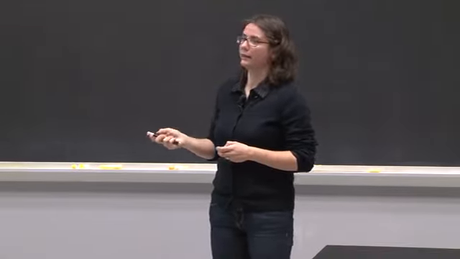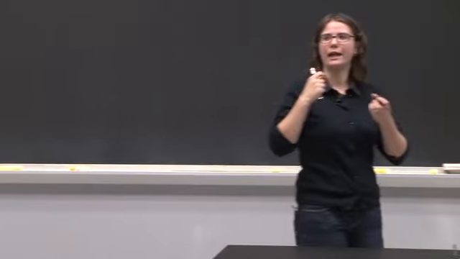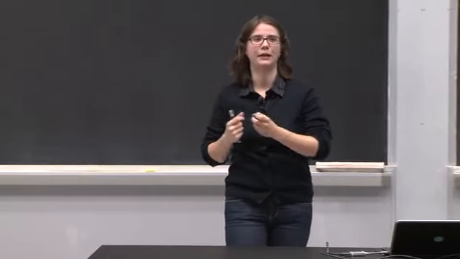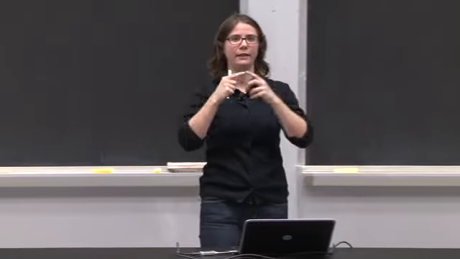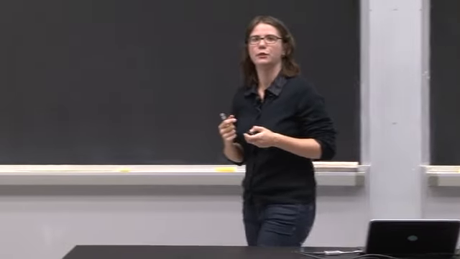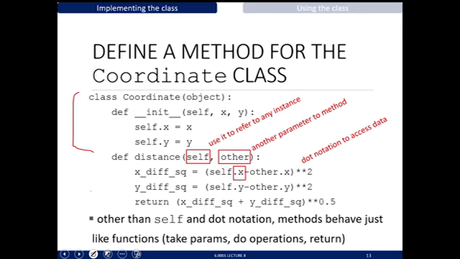Inside this method, I have to refer to the x data attributes of each object if I want to find the difference between the 2 x values from them. So that's why I'm doing self.x here, right? If I just did x, I would be accessing just some variable named x in the program, which actually isn't even defined, right?